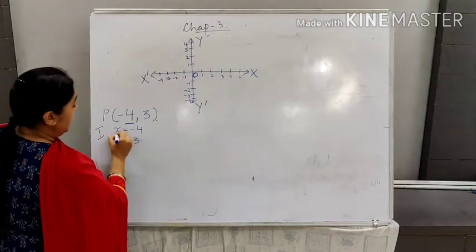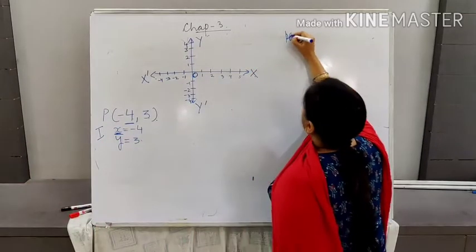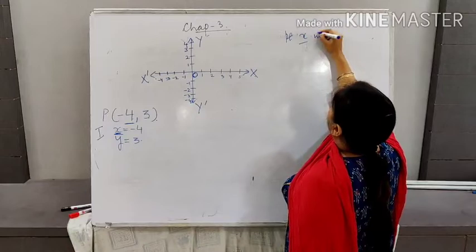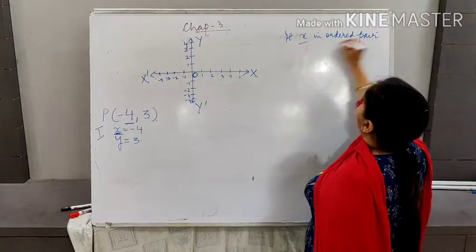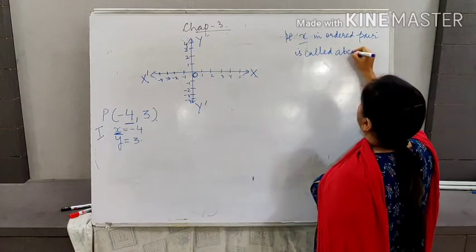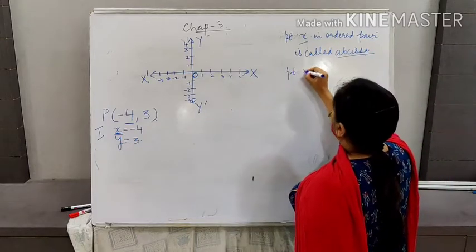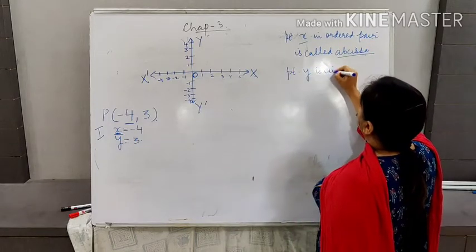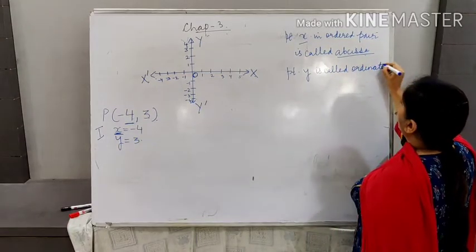New thing what I am going to tell, the point x in ordered pair is called abscissa. What is it called? Abscissa, right? And point y is called ordinate. What is it called? Ordinate.